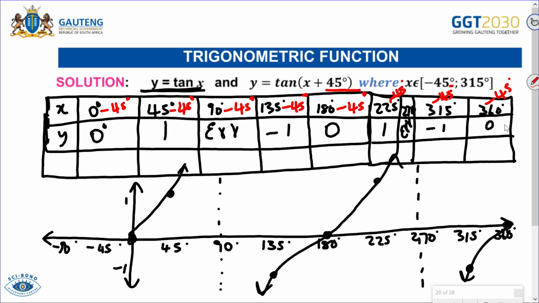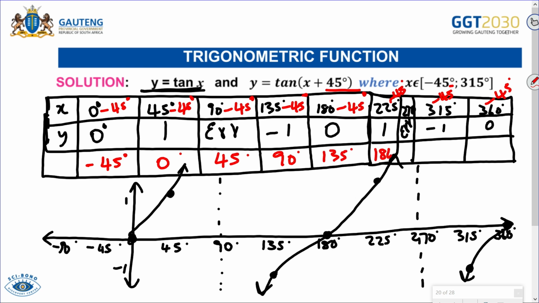Right, okay. I'll have negative 45. Here I'll have 0. And then 90 minus 45 is going to be 45. And then 135 minus 45, I'll have 90. And then at 180 minus 45, I'll have 135.